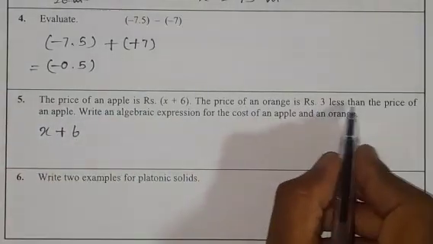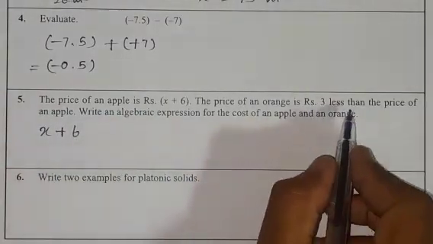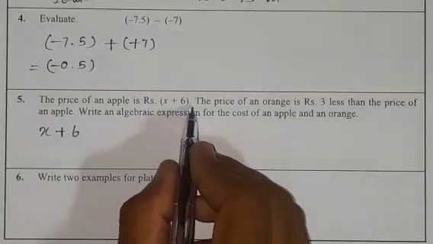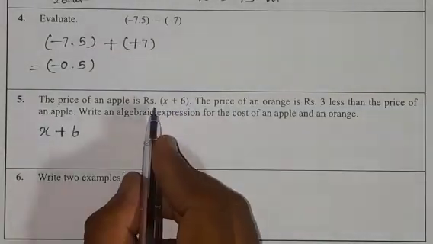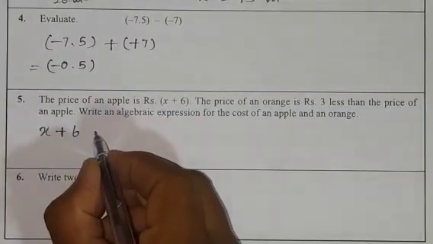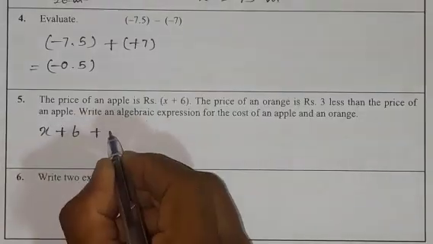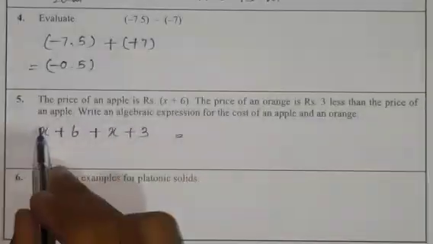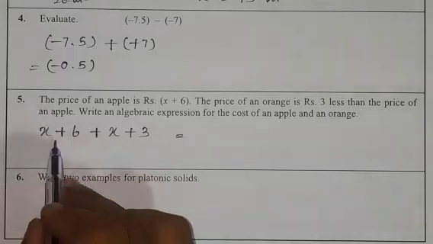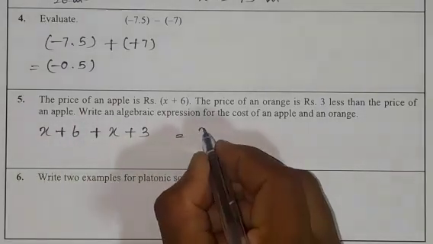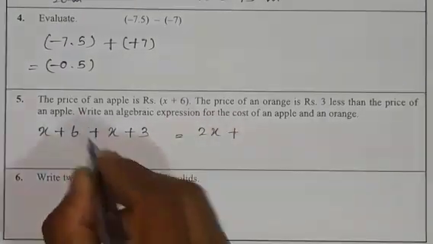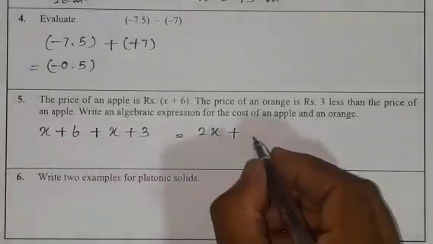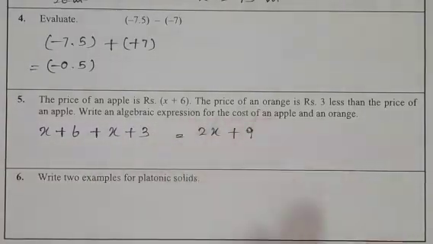Then orange is 3 rupees less than the price of an apple, so we subtract 3 from this. Then it becomes x plus 3. Then the addition: x plus 6 plus x plus 3. There are like terms, x plus x is 2x. Then the two numerical values are added, 6 plus 3, 9. Then this is the algebraic expression for the cost of an apple and an orange.